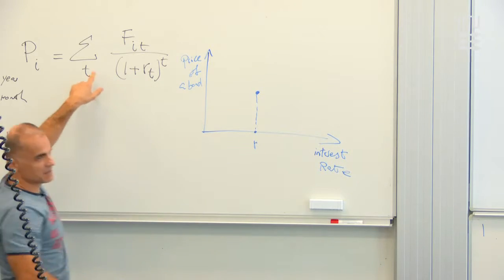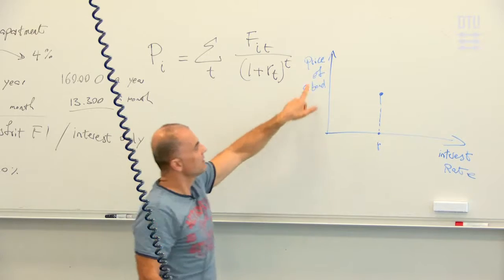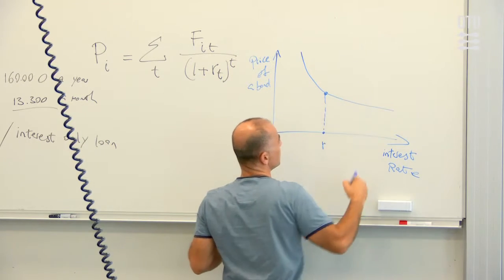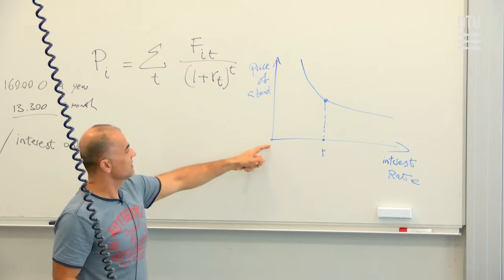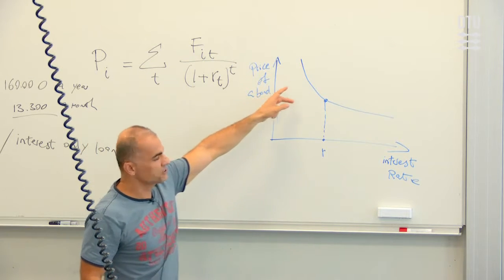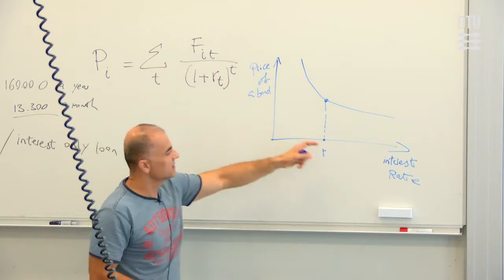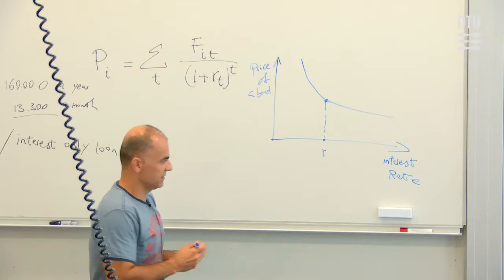If you depict this price function in such a space, you would get a function which looks something like that, right? So this is the price and interest rate relation.